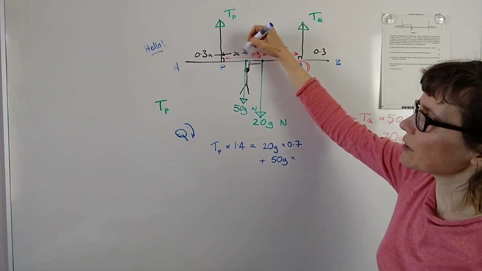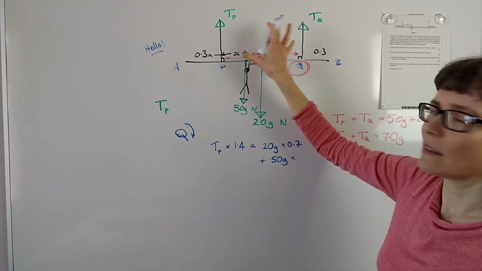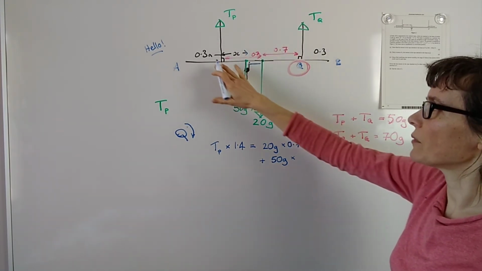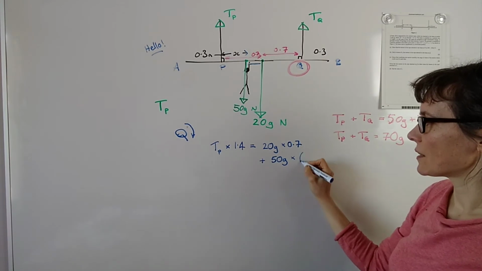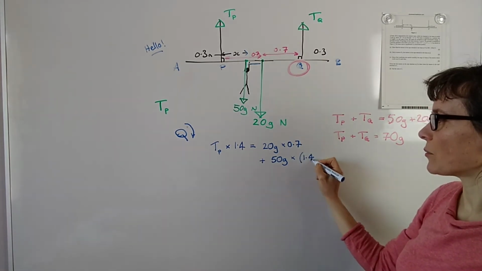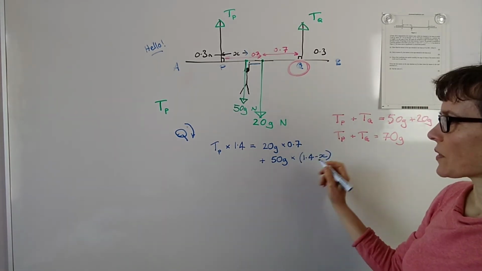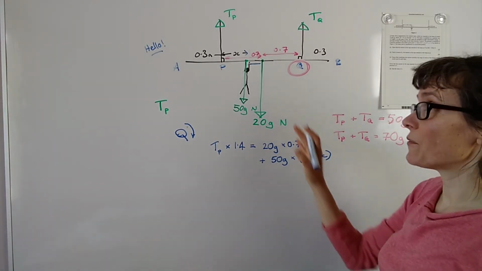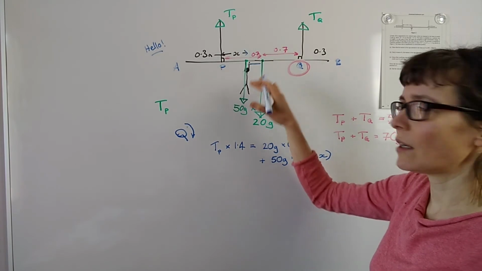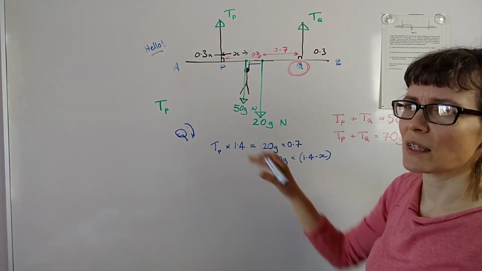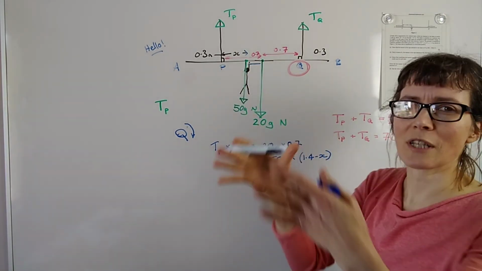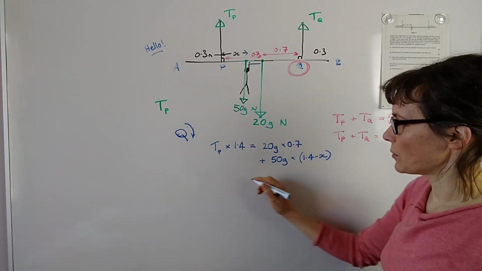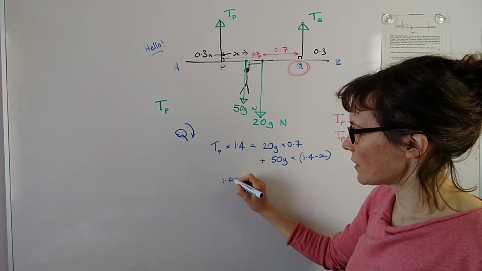That gives 84g minus 50g x. Now if you divide all that by 1.4, I'll grab my calculator. 84 times 9.8 is 823.2, and if I divide that by 1.4, I get 588.